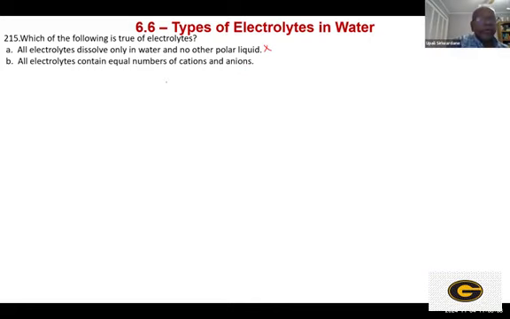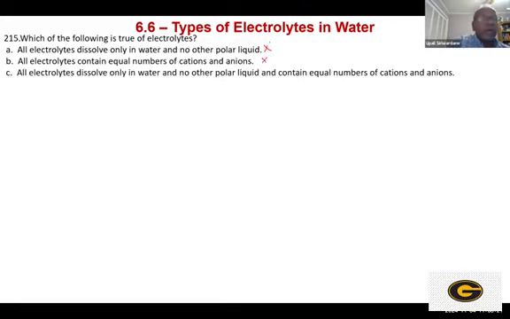All electrolytes contain equal numbers of cations and anions. That's not true. Only water and no other polar liquid, that's not true. The answer is none of these are true.